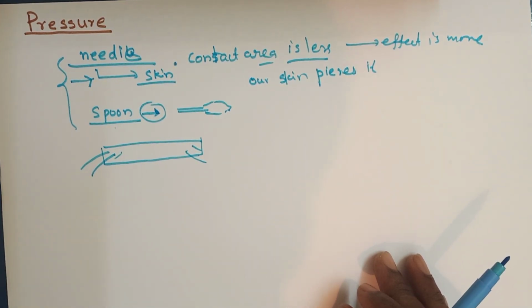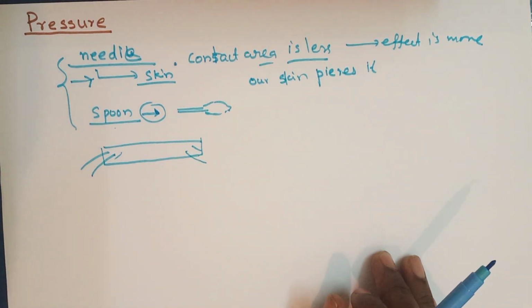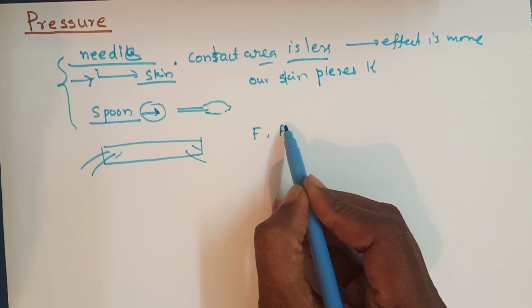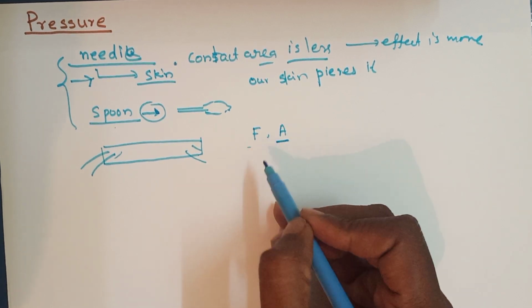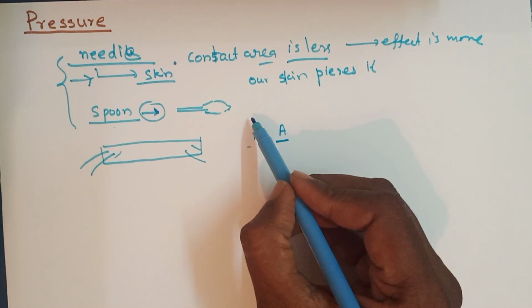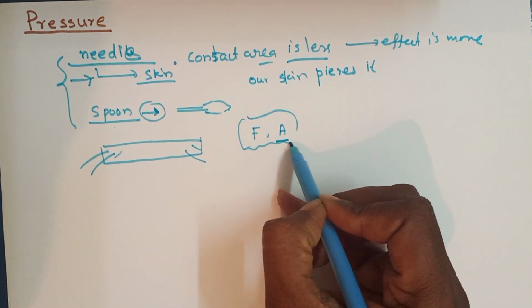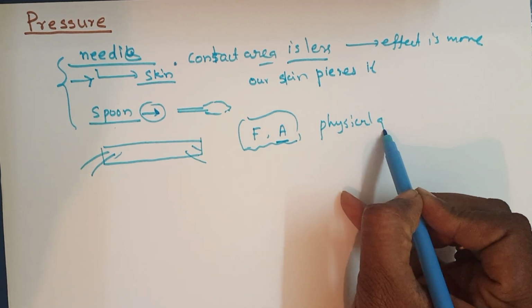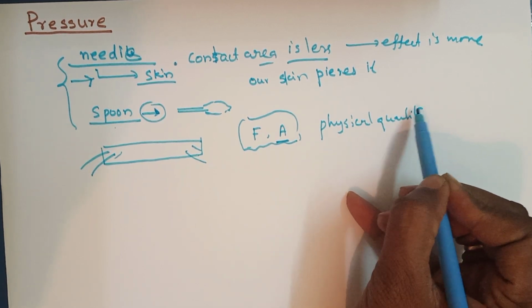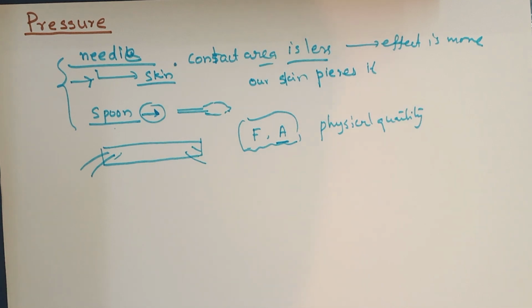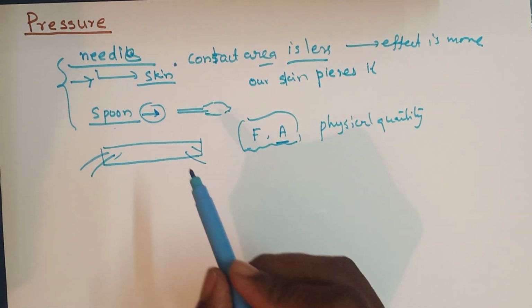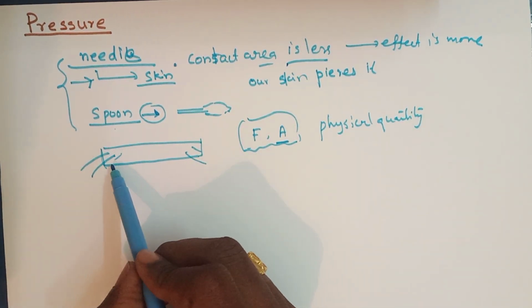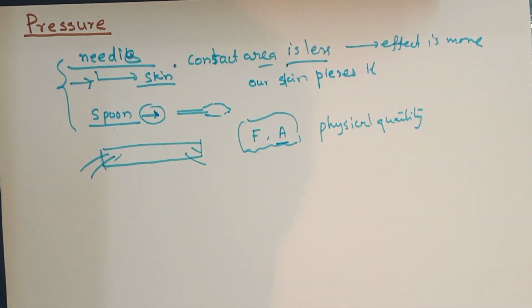What do you understand from this? There are two things to be understood here. One is force, the other is area. The area of contact is important and the applied force is important. So both indicate a physical quantity called pressure. Less area, more impact. Larger area, less impact.